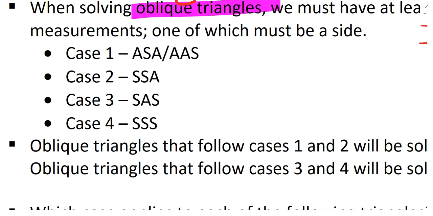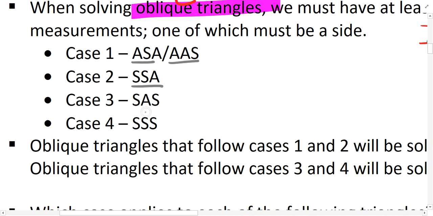We can describe a triangle as an angle-side-angle triangle or angle-angle-side triangle. In this case, if a triangle is composed of two angles and one side length, we consider that a case 1 style triangle, or a triangle that falls into case number 1. When we're supplied two sides and an angle measure that's not included in between those two sides, we consider that case number 2.